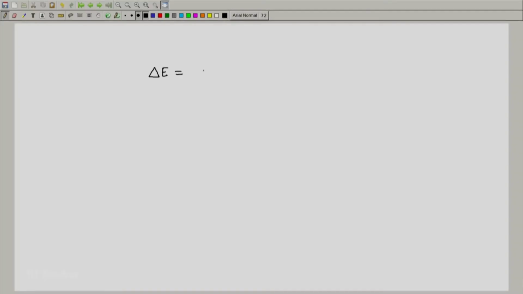So we now write the first law for the closed system. Delta E is Q minus W. So what is delta E? We have already mentioned it. Delta E, so let me be clear, this is the closed system.